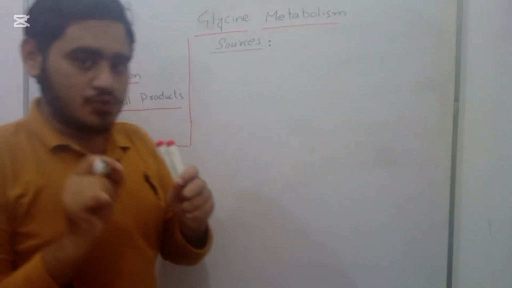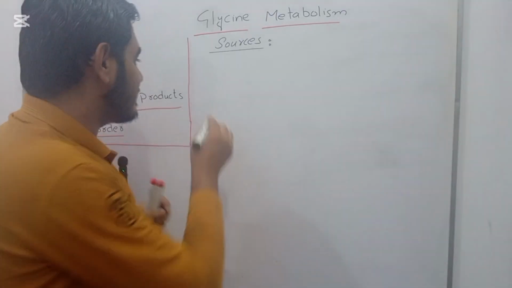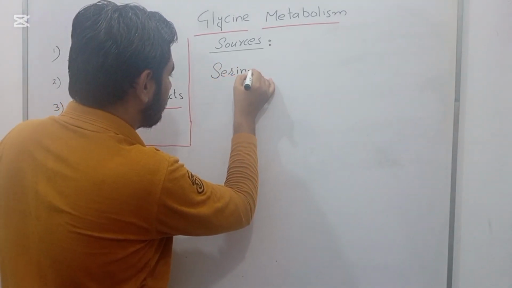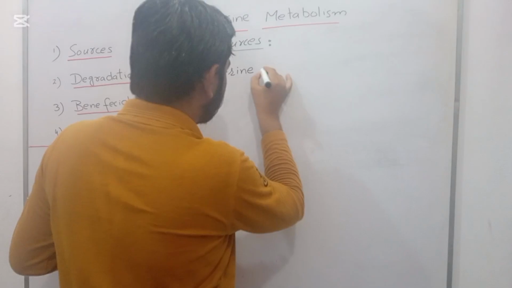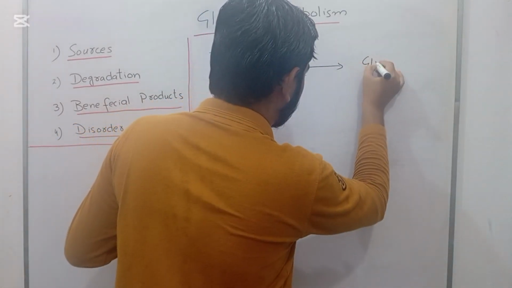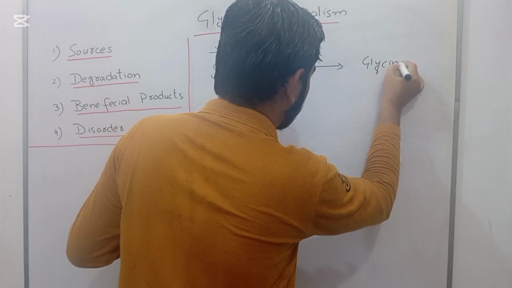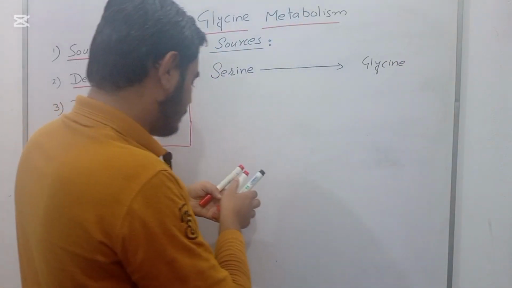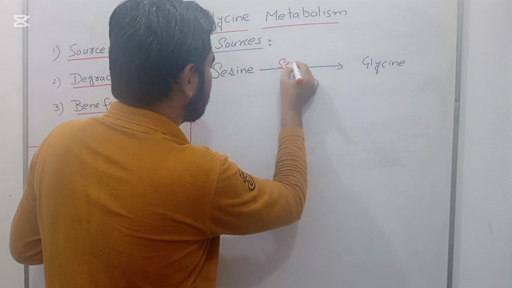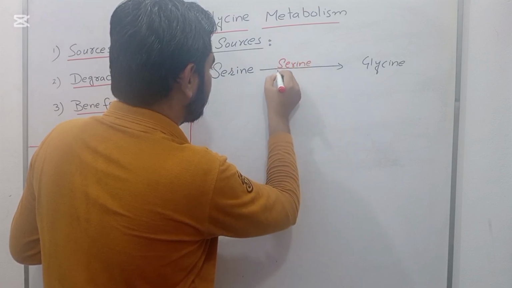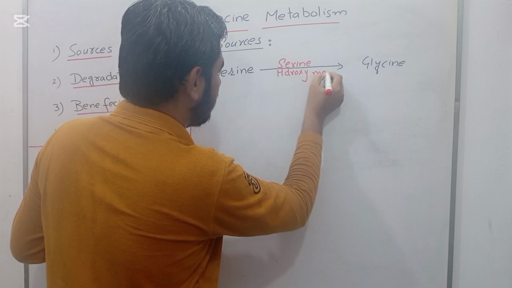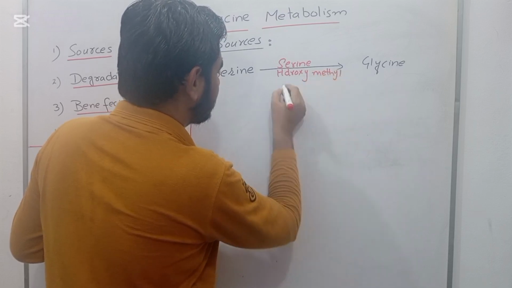So the first source of glycine is serine. This serine forms glycine by the action of serine hydroxymethyltransferase enzyme.